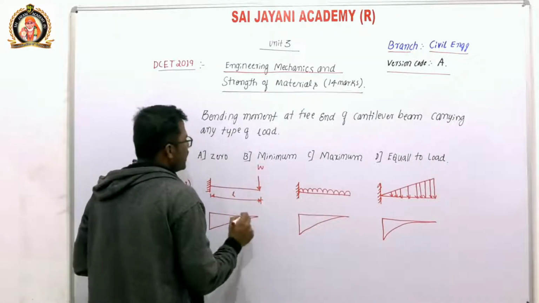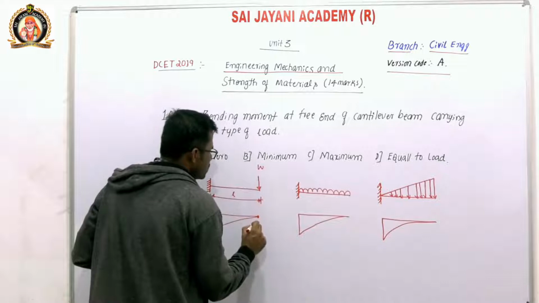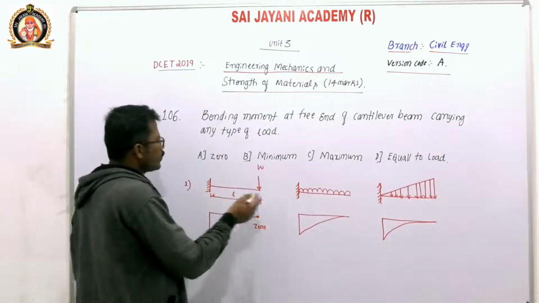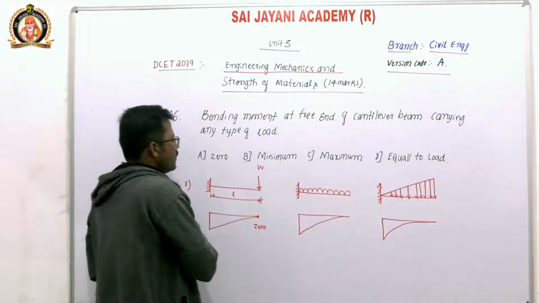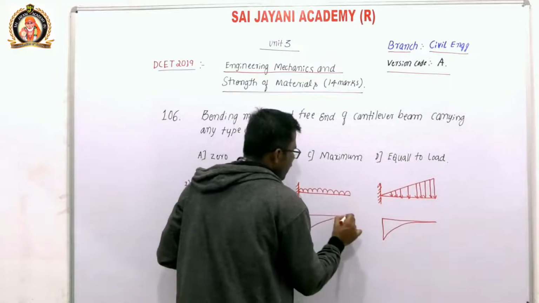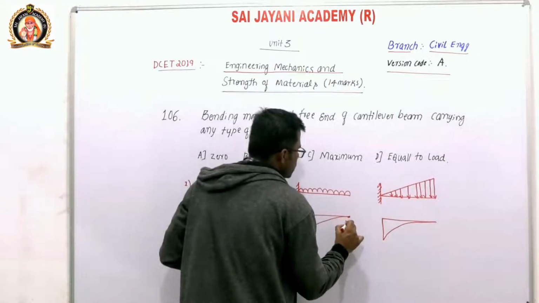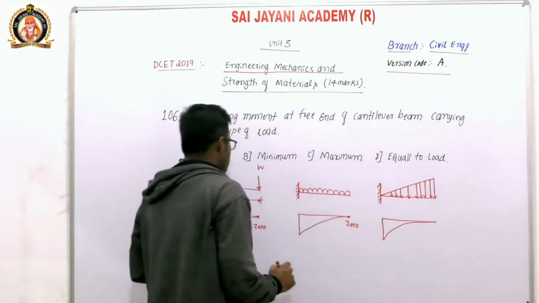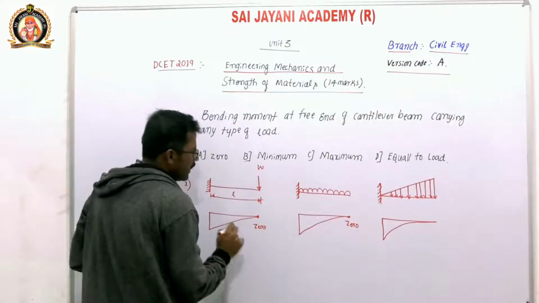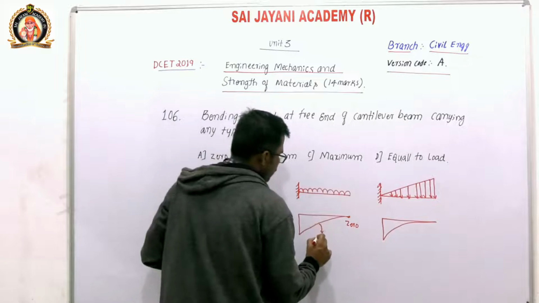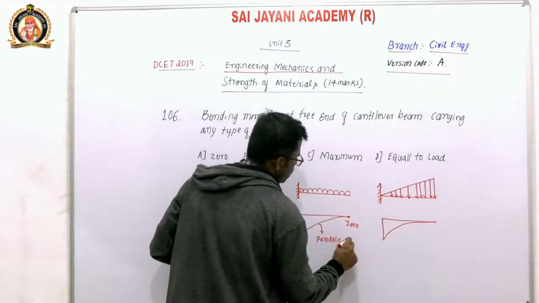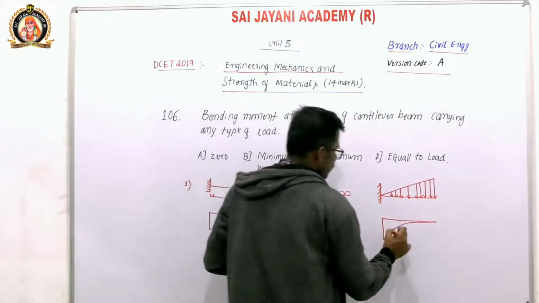When a cantilever beam is subjected to a point load at its free end, the bending moment at the free end is always 0 and goes on increasing towards the fixed end. So this is a linear curve, this is a parabolic curve, and it is a cubic curve.